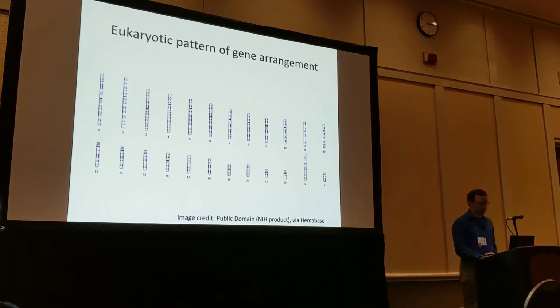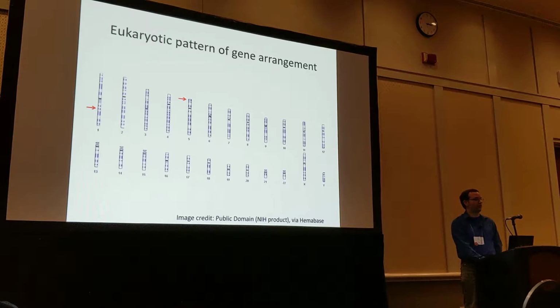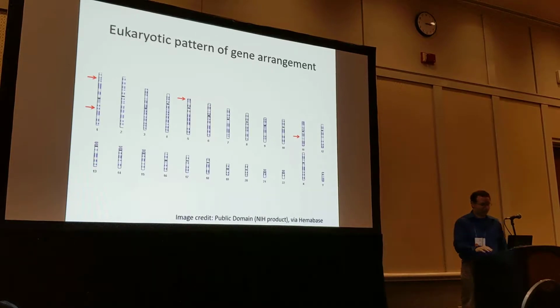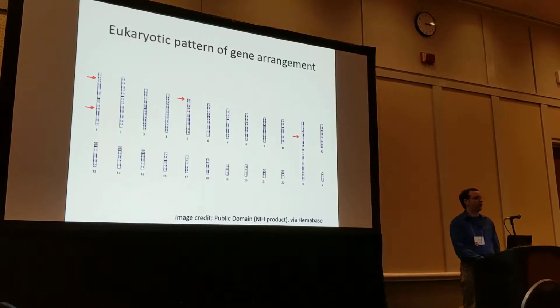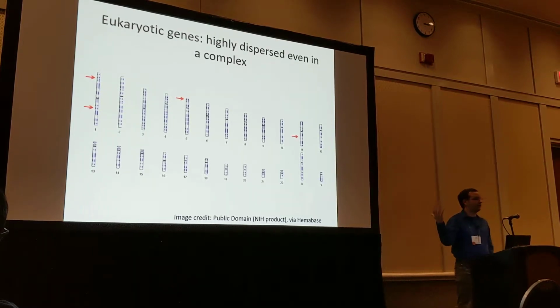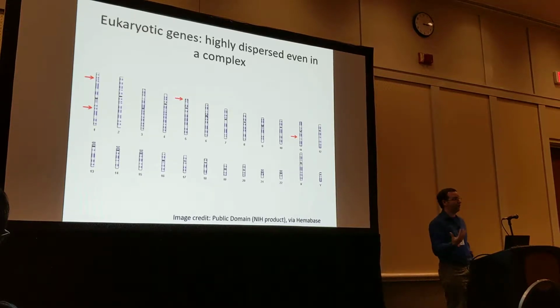If I plot where those are, well, the first one's here on chromosome 1, and then the next one's over on chromosome 5, and the third one's back on chromosome 1, and the fourth one is out on chromosome 11. And this is actually a pretty typical pattern of how genes are distributed in eukaryotic systems. So they're often very highly dispersed across the whole genome, even when they're part of the same complex.